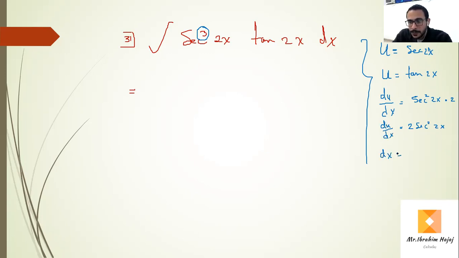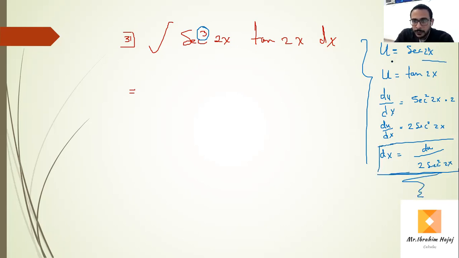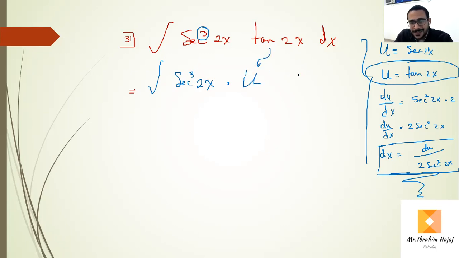Simply dx equals du over 2 sec squared 2x. Substituting, we keep sec cubed 2x times tan 2x, which we let be u, and dx is du over 2 sec squared 2x.